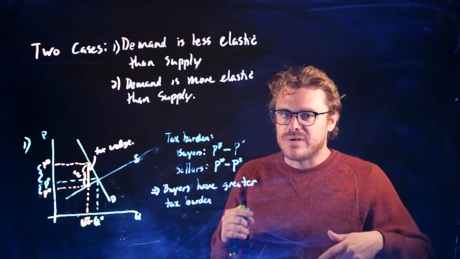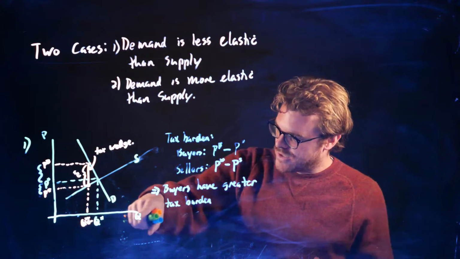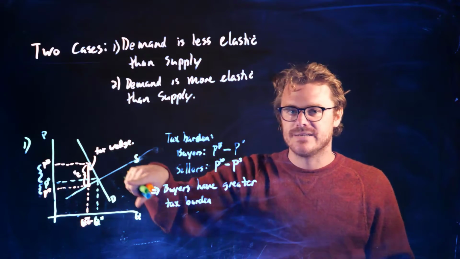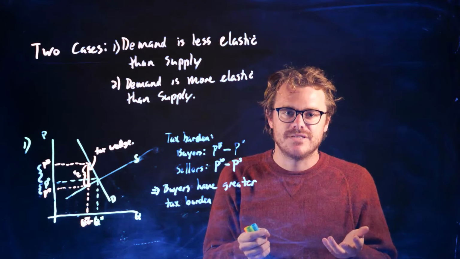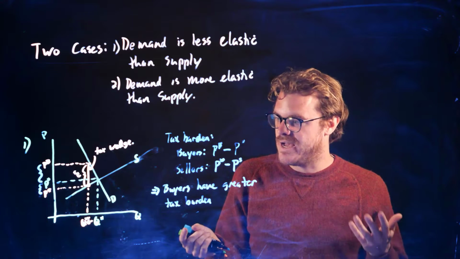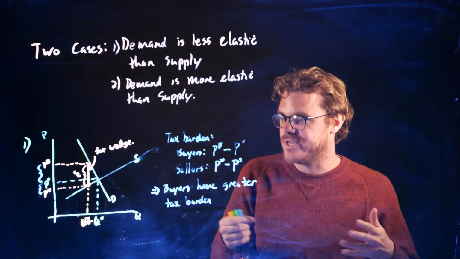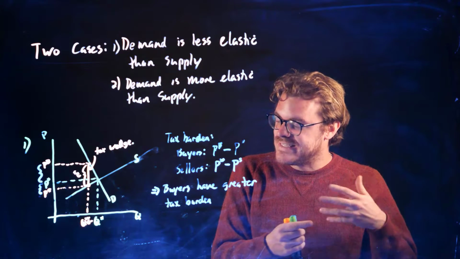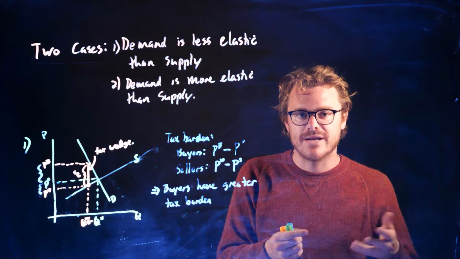The intuition behind this is that since the demand curve is relatively more inelastic, buyers are less sensitive to price changes. Demand elasticity of price is about sensitivity to the own price of that good.